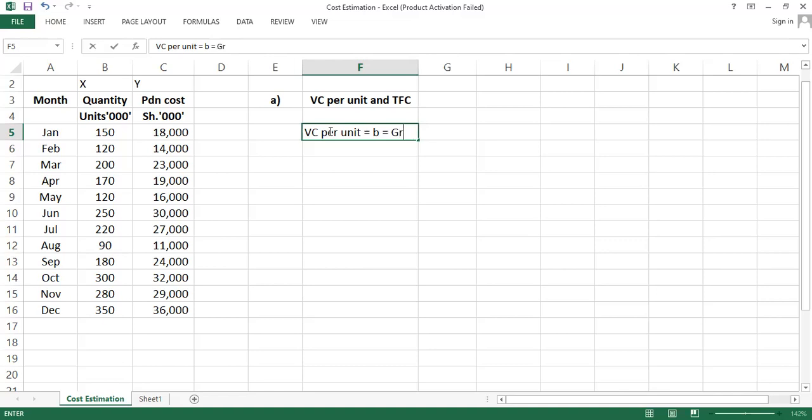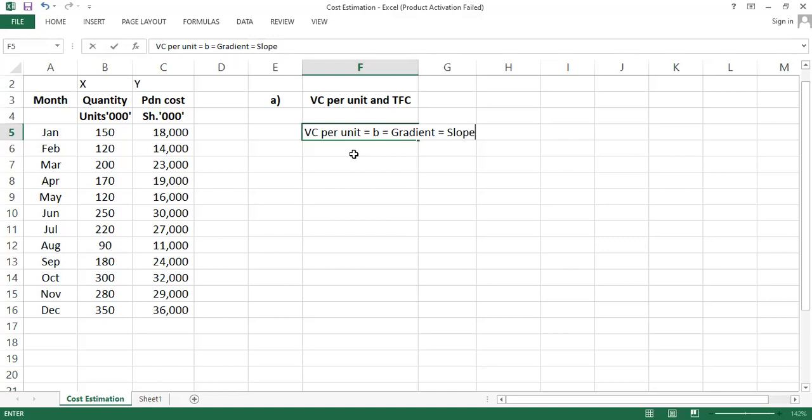Let me start with the gradient or the slope. It is the same as the gradient or the slope of the line of best fit, if you were to plot this data on a graph and then fit an estimation line. So the gradient of that line, the slope, is the value of B or the variable cost per unit.